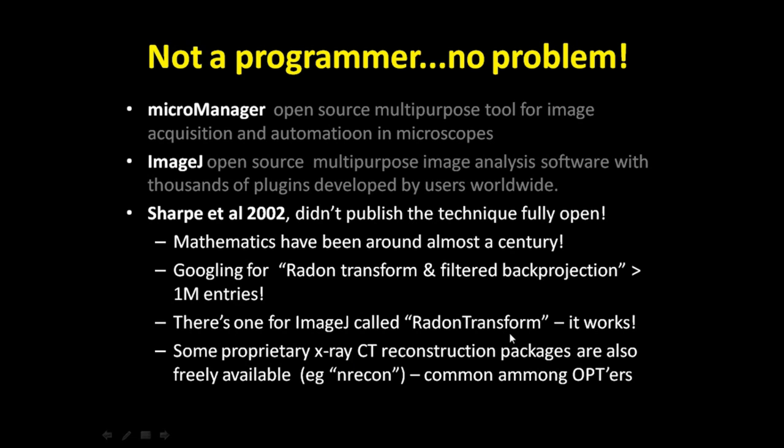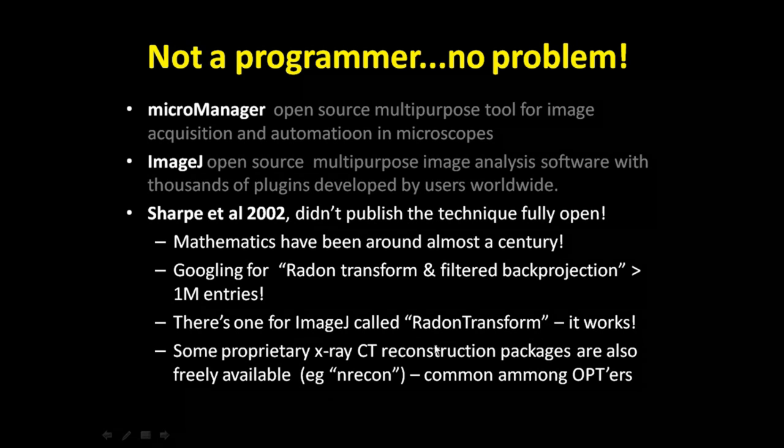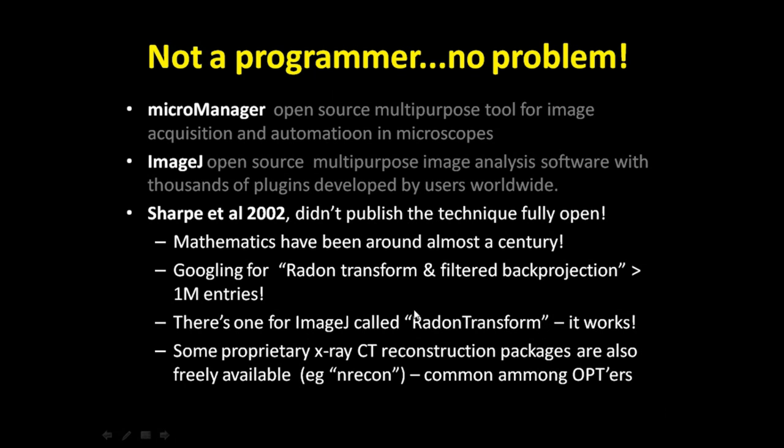In fact, there's even one plugin that works quite nicely with ImageJ called radon transformation. It's not perfect. It's not as easy to use as another free solution that's out there, which is very well known among people who already have OPTs. It's called NRecon. It's not open source software, but it's free. It's provided freely. You can go to the website of Skyscan and download it and use it to reconstruct your images.